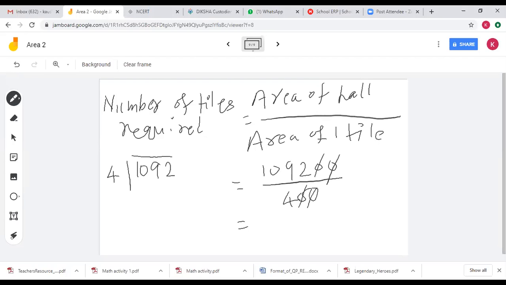Okay. 4 2s are 8. 10 minus 8 is 2. 9 comes down. 4 7s are 28. 9 minus 8 is 1. 22 minus 20 is 2... 2 comes down. 4 3s are 12. Okay, you can do the rest of the part. So answer is 273.